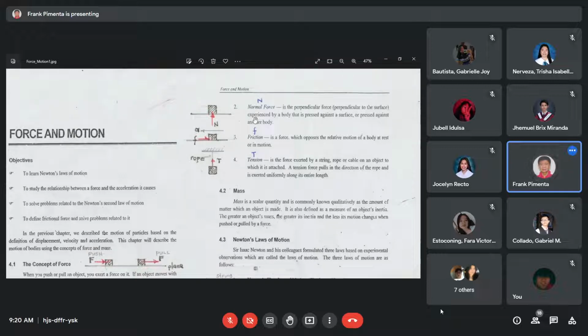Example, if this is the body and it is placed on top of a plane, say a floor or a table. Okay. So what is the normal force here? What are the two bodies?